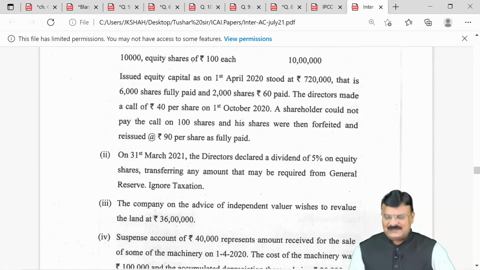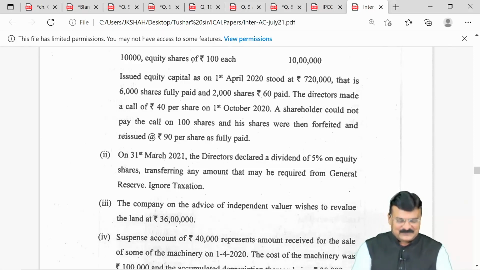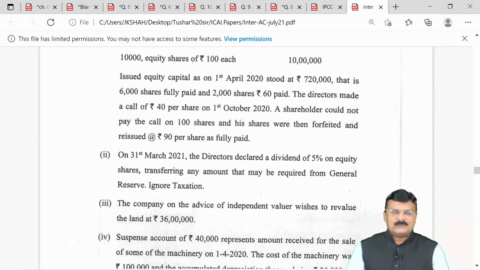If you see the trial balance gives you equity share capital 8,05,000 rupees. Opening balance was 7,20,000 rupees, right? Okay, continue. Directors made a call of 40 per share on 1st October. On 2,000 shares, 40 per share, so 80,000 rupees is called due.